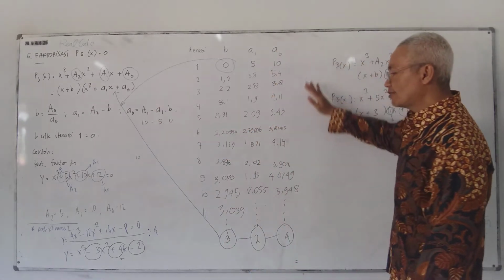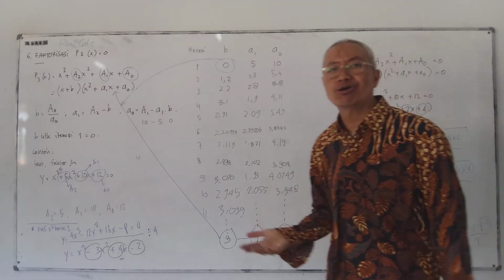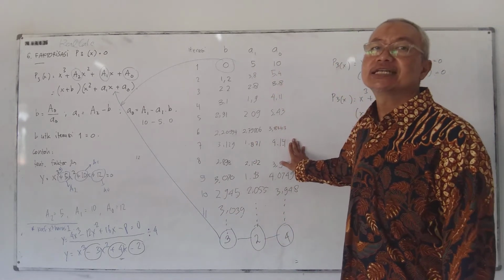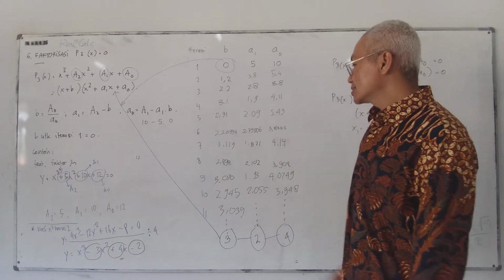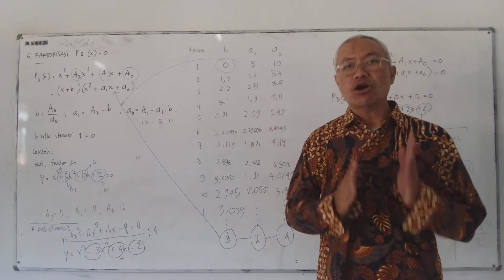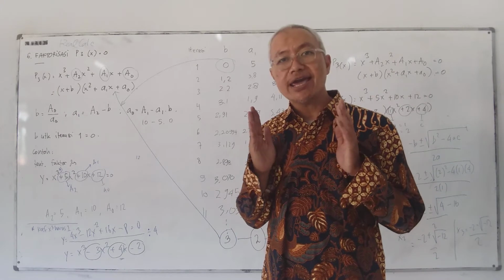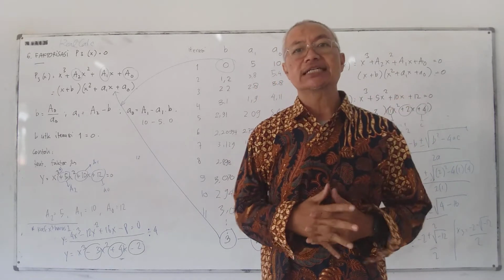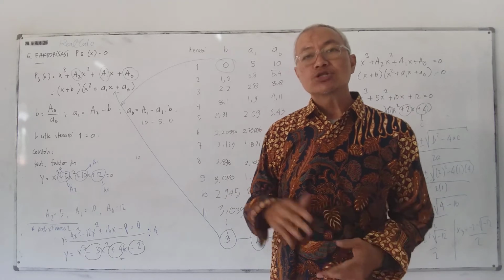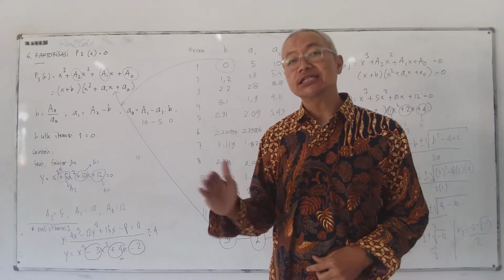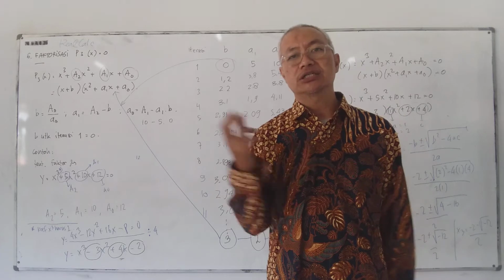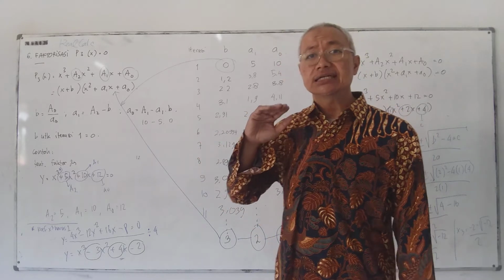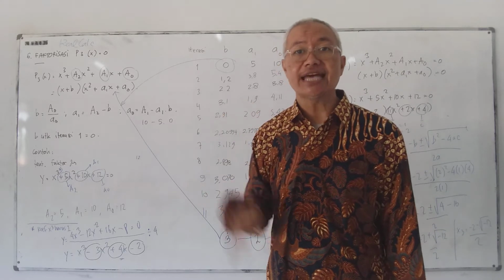And after several iterations, I don't know how many exactly, it's already done by your friends in the classroom. So the value of either b, a1 or a0 will tend to be a certain number. So the iteration stops after the value of this coefficient no longer changes.